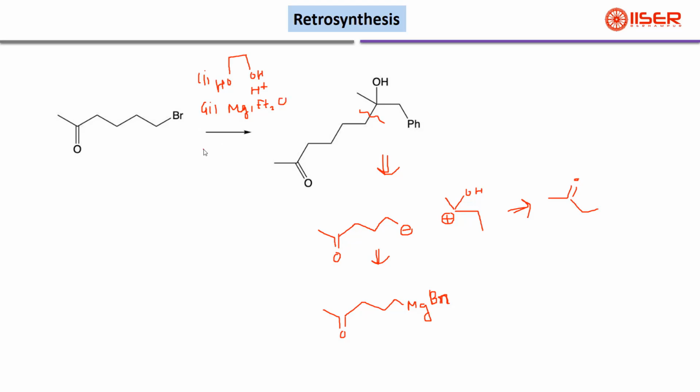The next step we will add this methyl ethyl ketone. So this negative charge will attack the methyl ethyl ketone, this will open up. In the last step, we add H+.